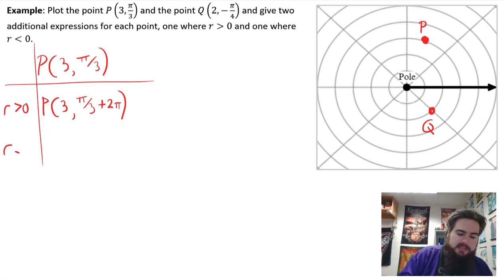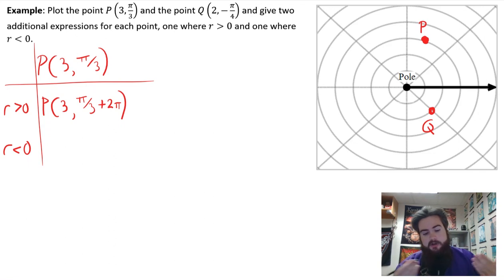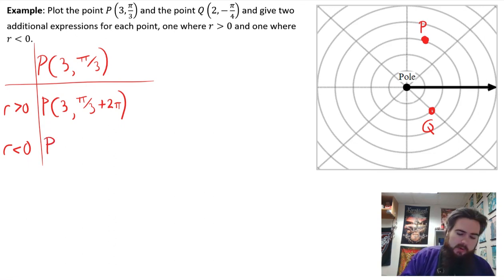But this is just one other representation that has r greater than 0. If you want a representation where r is less than 0, what we'll do is still keep the same distance from the pole. I still want to keep the same absolute distance of 3, but if I want it to be negative, then let's go with negative 3.